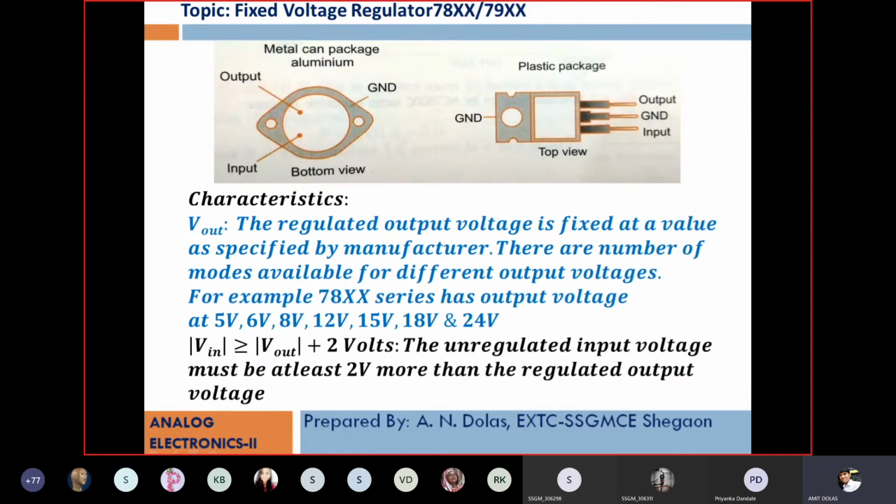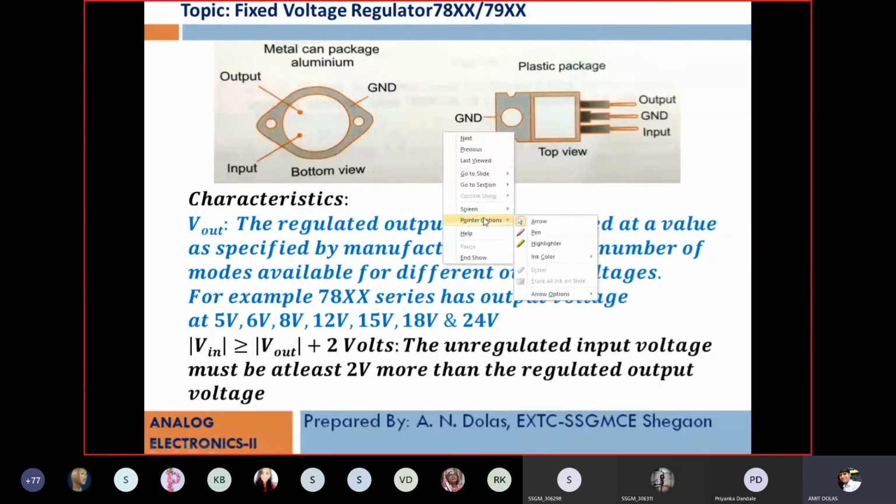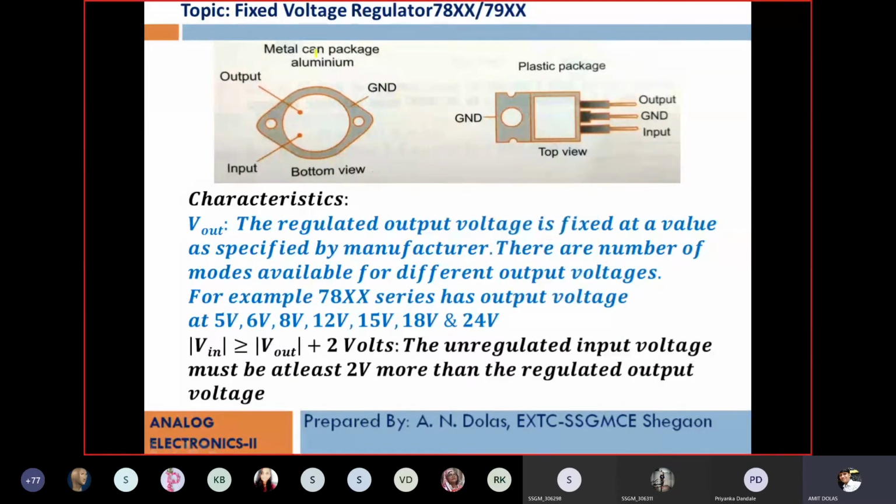Moving ahead, we will start with the last point of the unit, as I mentioned, which is very easy. We'll start from the easiest topic, that is the fixed voltage regulator IC 78XX and 79XX. These ICs are available in 2 packages. One is called the metallic package, referred to as the TO-3 pack.